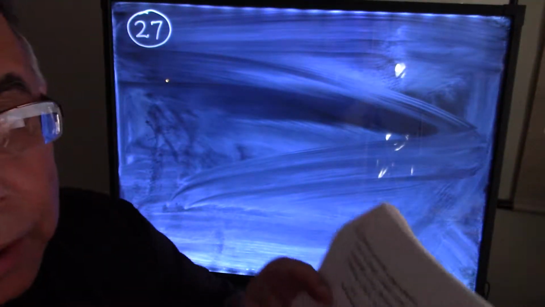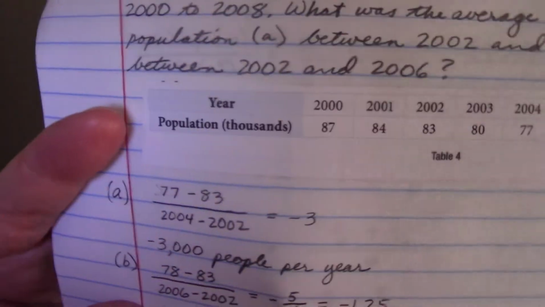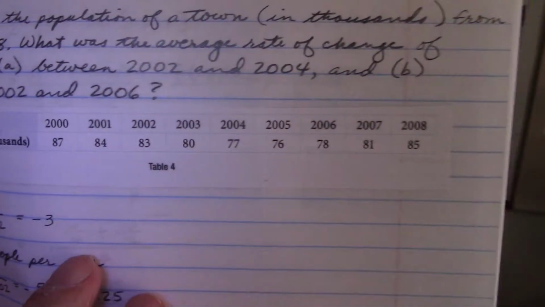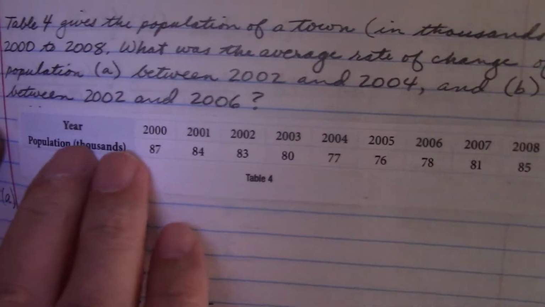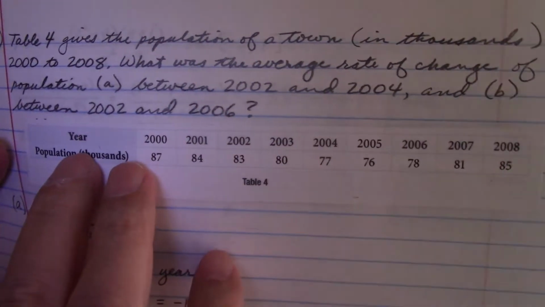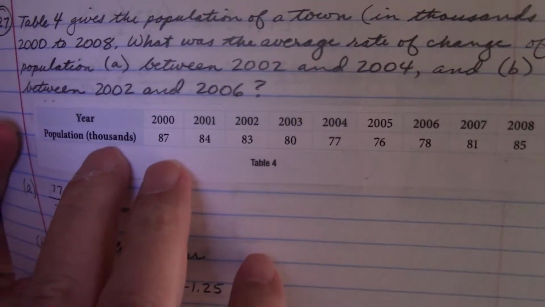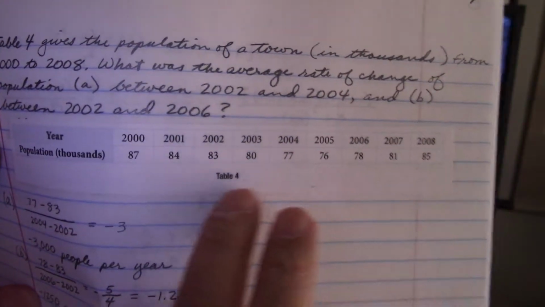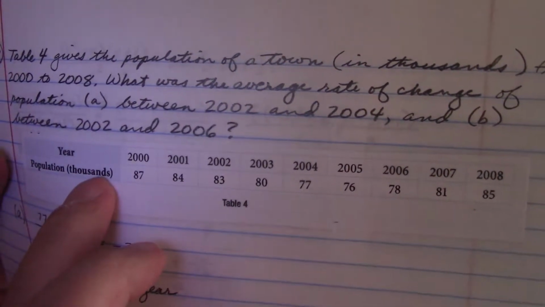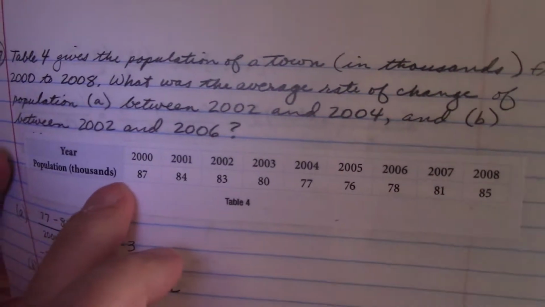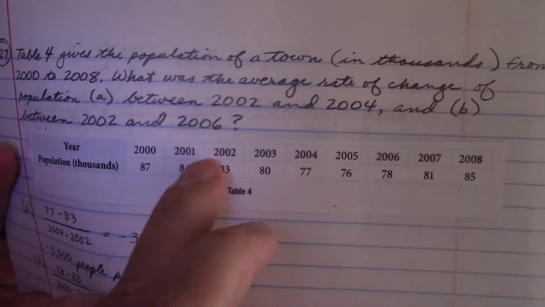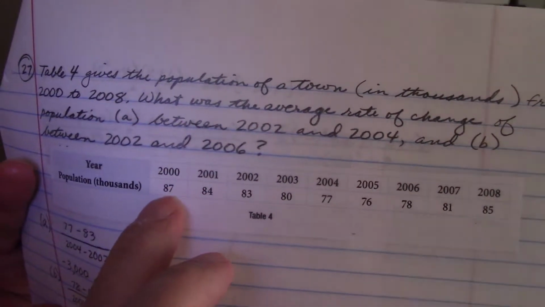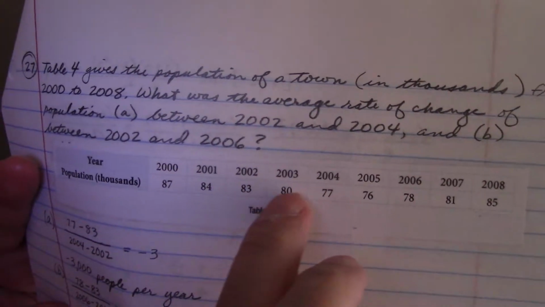So if you look at the chart, the year would be your X values, and the population would be your Y values. The population depends on the year, so the population is the dependent variable and the year is the independent variable. If you were to plot this, the year would go on the x-axis and the population on the y-axis.